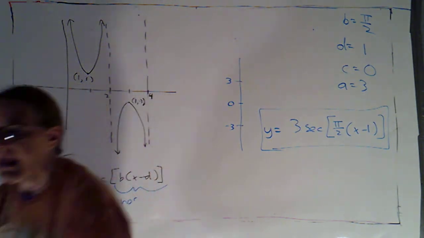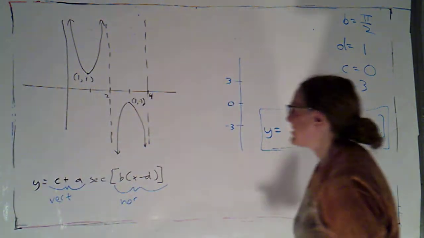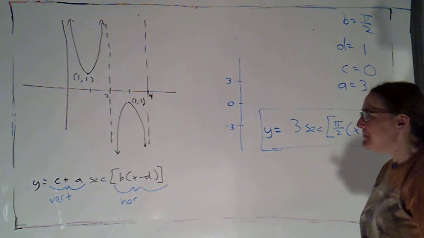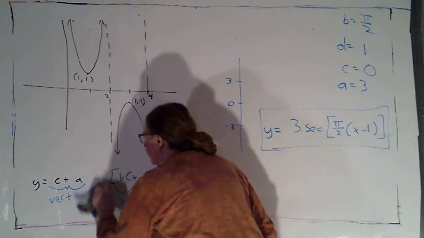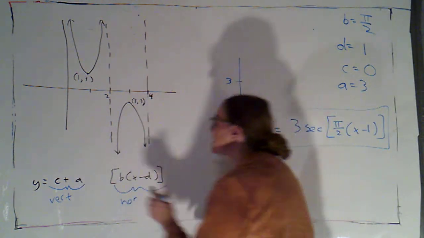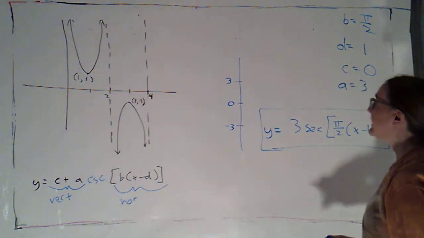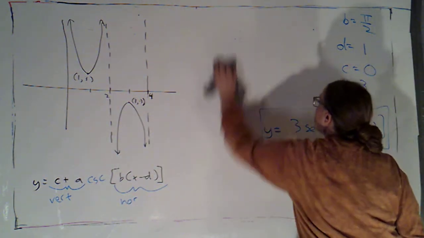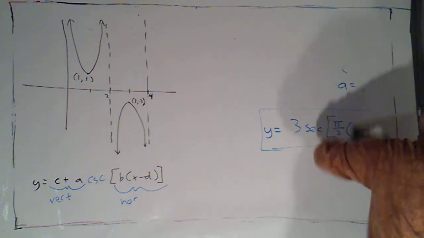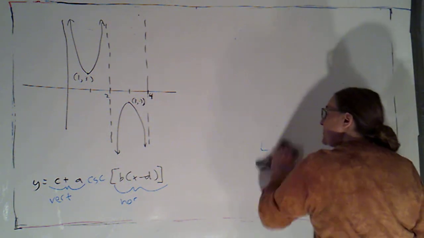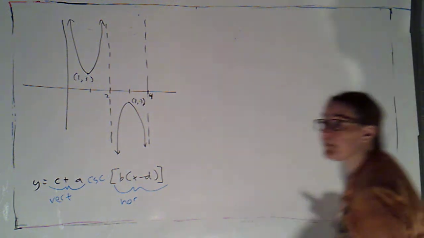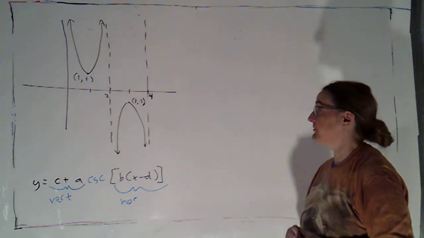Okay. Now what I want to do is do this problem again, but with one change. I'm going to change it to cosecant. Okay. I want to get this now as a transformation of the cosecant graph. Now, some of the numbers are going to be the same, but some of them are going to be a little bit different.